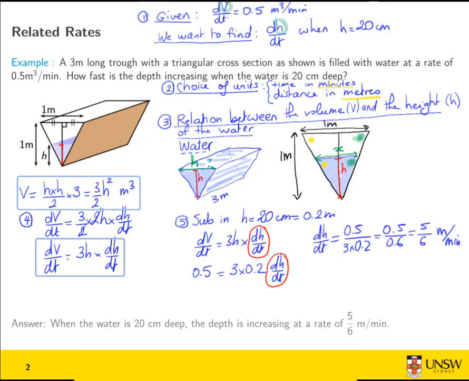What we do now is find a relationship between them, which is what we did here, volume in terms of h. Next step, differentiate this relation, and you're going to get a relation between the derivatives, which is valid at any point in time. Now, in the question, you will be told what is the point of interest. You will sub in those values, and that will solve your problem.